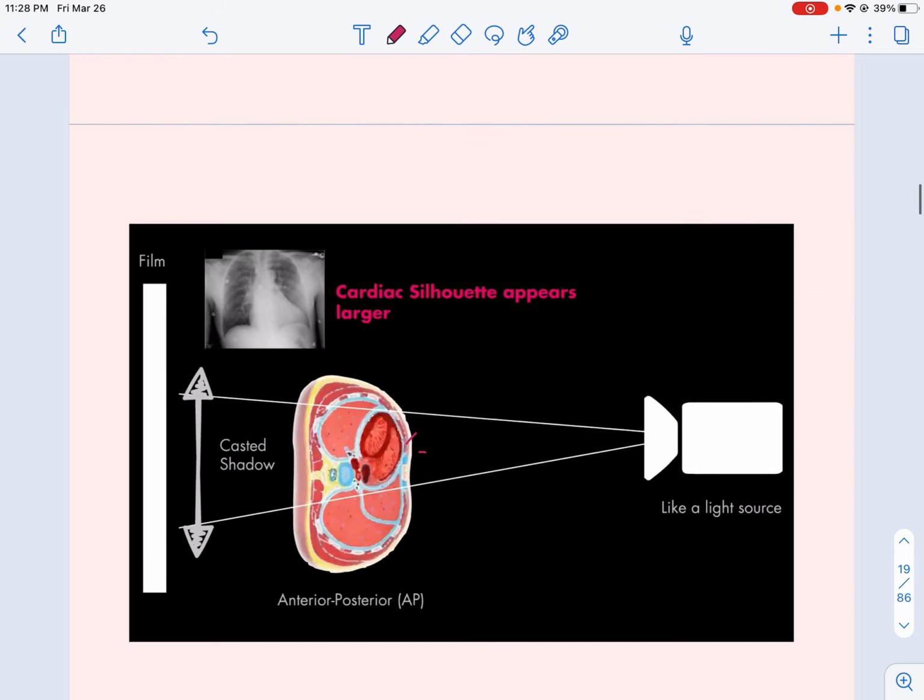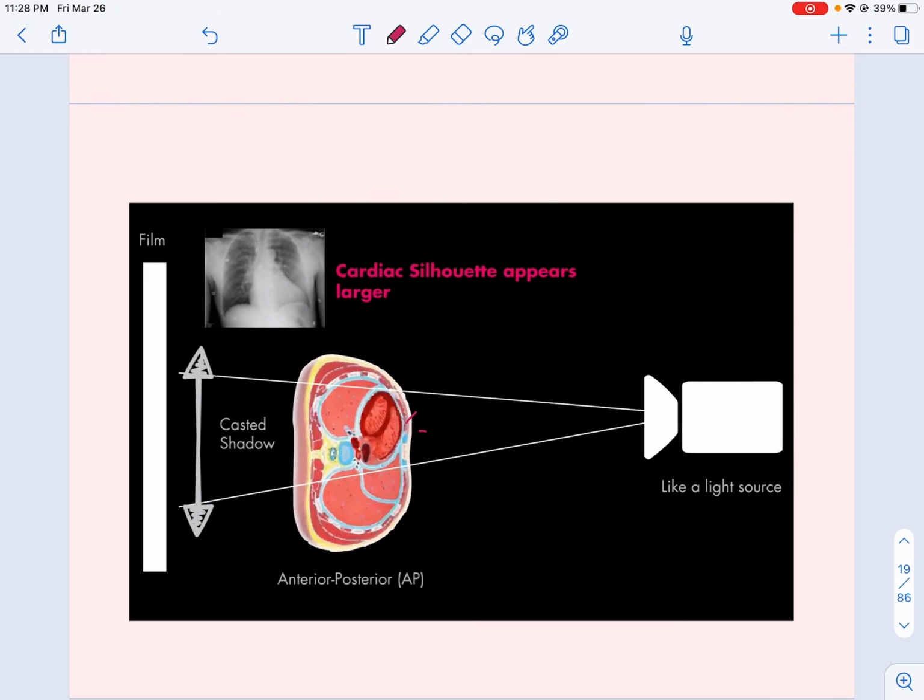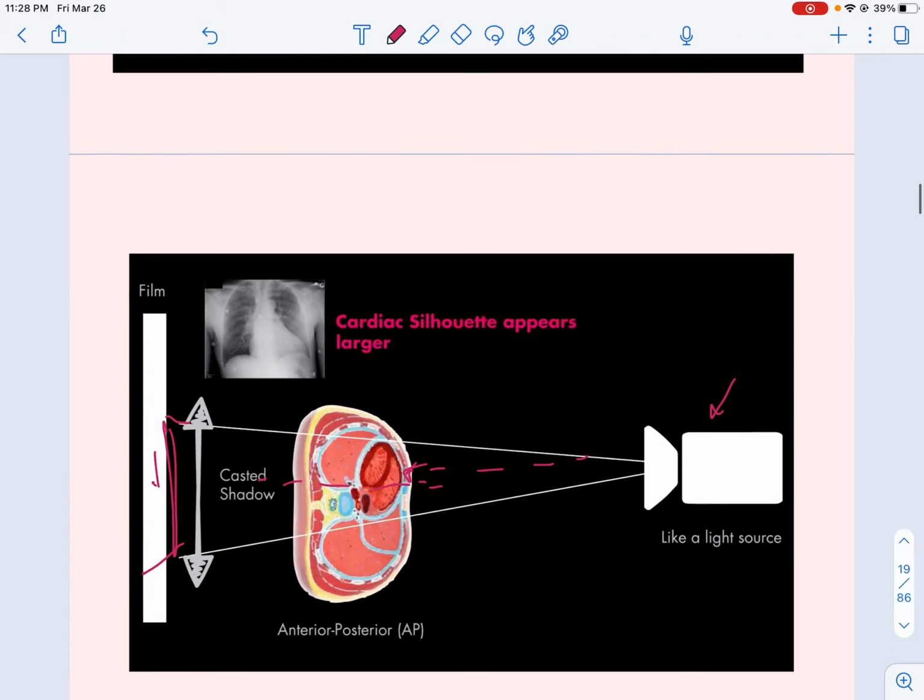However, in the AP view, we penetrate the heart first, since it's mostly anterior. It's more anterior compared to the PA view, so by the time the beam appears on the film, it's increased and magnified. That's why the cardiac size is enlarged in the AP view.